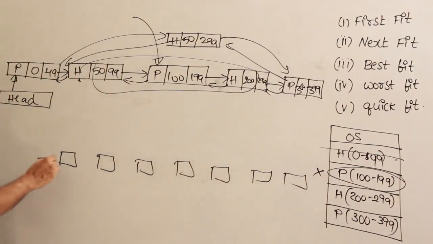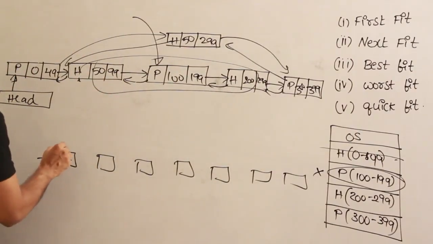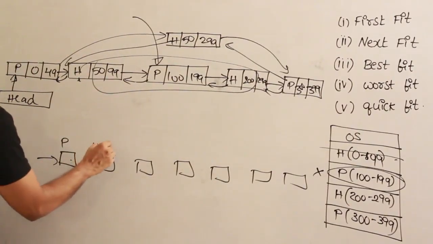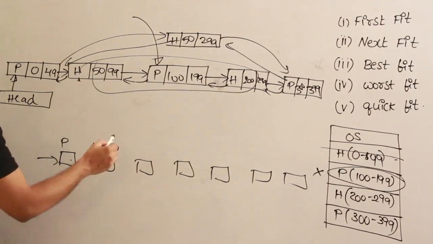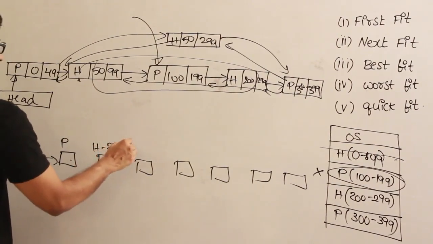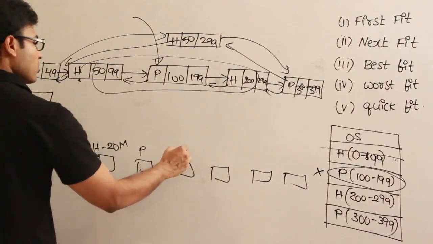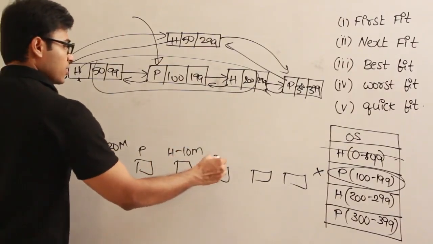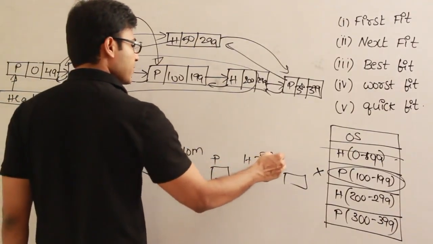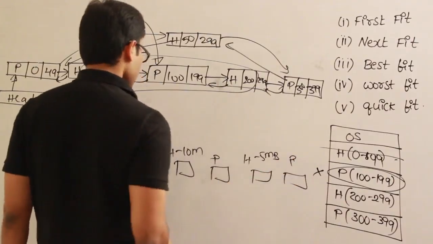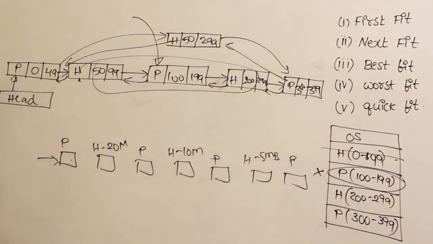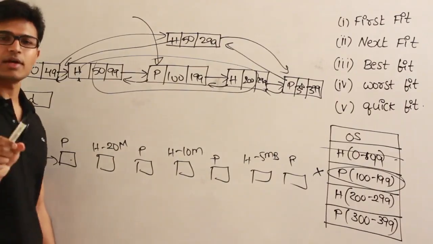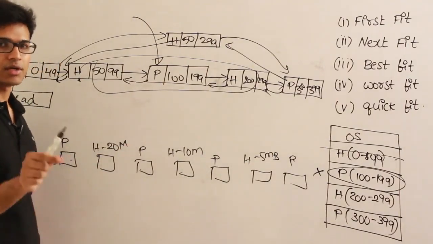Let us say this is a process and this is a hole whose size is 20 MB. Again there is a process and a hole whose size is 10 MB. There is a process, a hole whose size is 5 MB, and another process. Best fit will search all the holes, choose the smallest hole possible, and allocate it to the process.